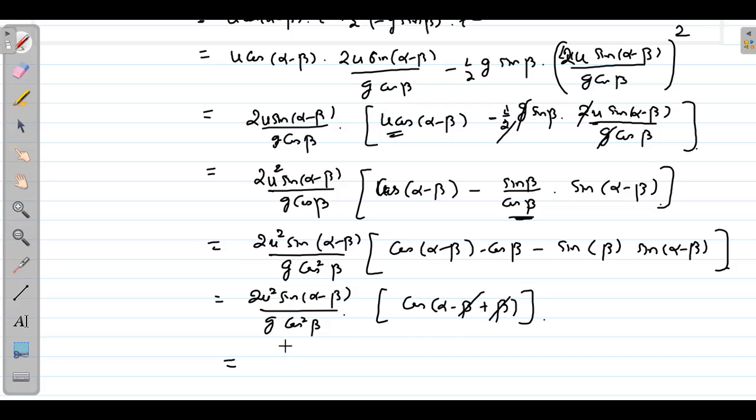We will get simply 2u square sine alpha minus beta into cos alpha by g cos square beta. This is the range of an object on an inclined plane projected with initial velocity u, making an angle alpha with the horizontal, while the inclined plane makes an angle beta with the horizontal.